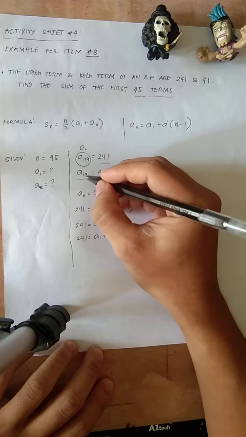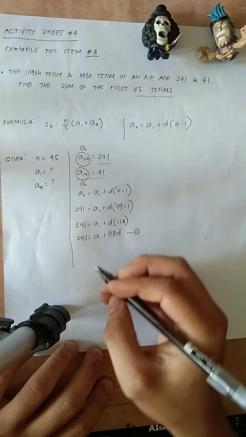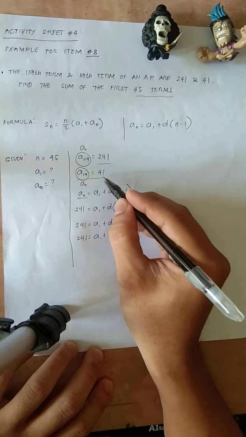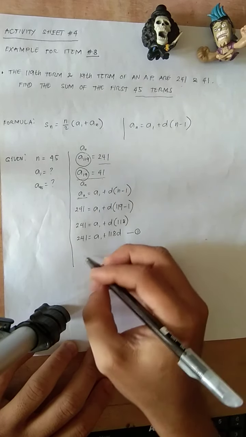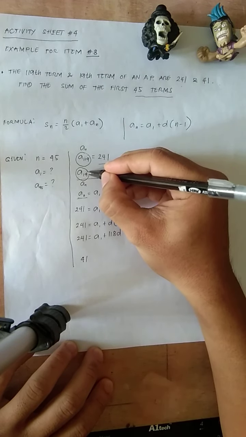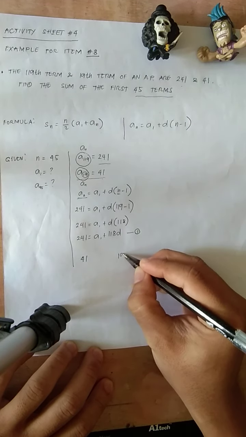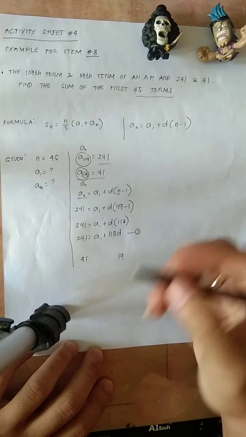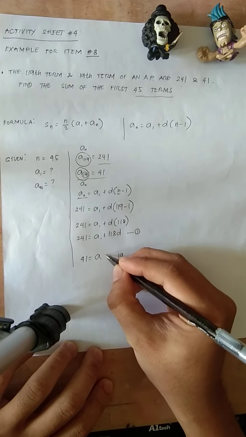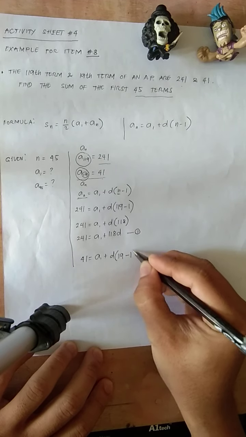So if we let this one again as our a sub n, then the a sub n here will be replaced by 41. So we will have 41, and our n is 19. So the substitutions we will have are: 41 equals a sub 1 plus d times 19 minus 1.